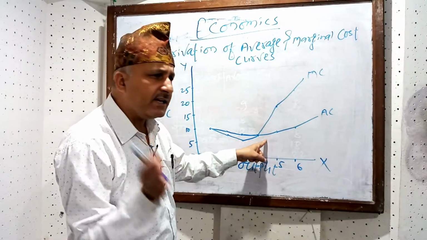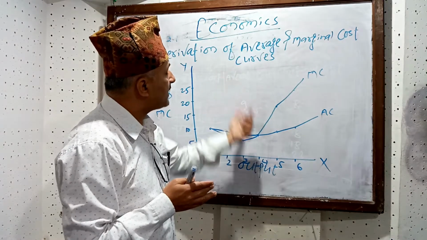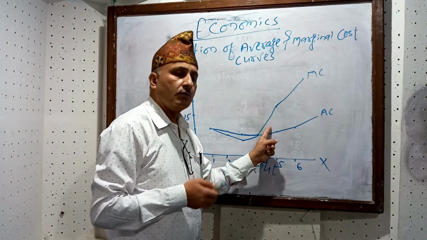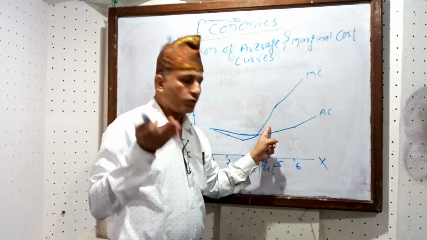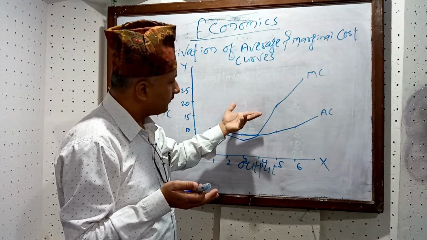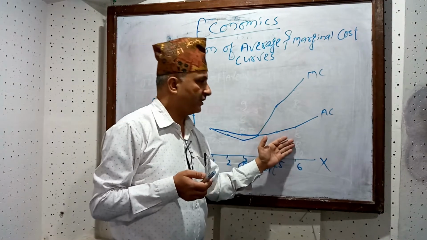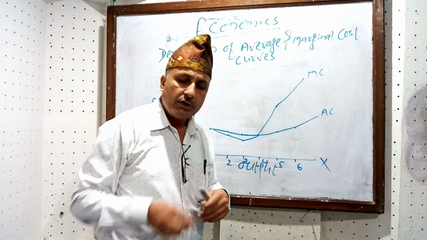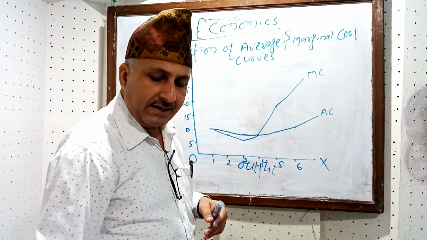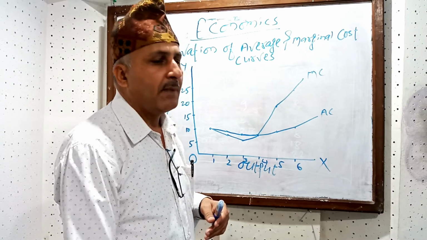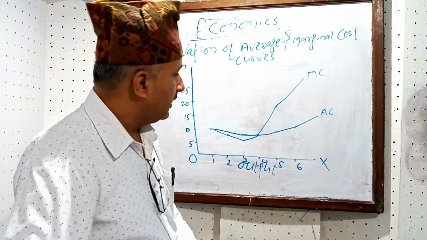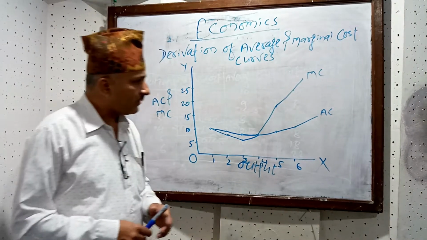AC increases very slowly, but MC has already started to increase, and now MC goes up and up quickly. That means the increasing rate of MC is faster than that of AC. In this way, you can easily show the relationship between AC and MC by drawing the schedule and this type of diagram.